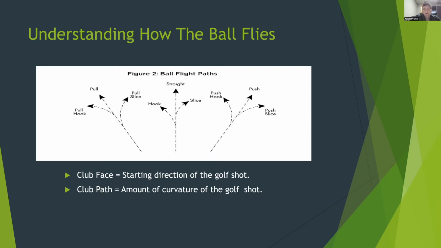And we see a lot of golfers in that higher handicap group who are either going to do a push slice, where their club face is open but the path is left of the club face, or even a pull slice here, where it starts to the left, so the club face is closed over here, but the path is still more left than that face, which is going to make that ball curve a lot more to the right. If you guys have questions, definitely we can revisit this.